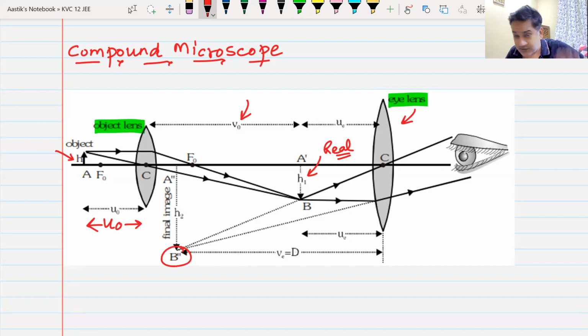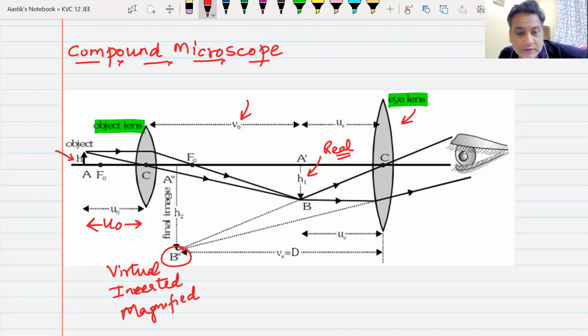So the final image, remember, is virtual. It is inverted. And it is magnified. It is virtual, inverted, and magnified. Do we understand this?